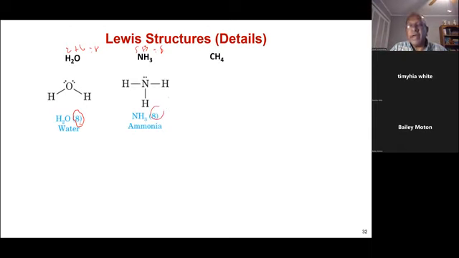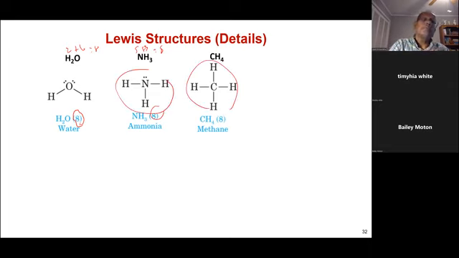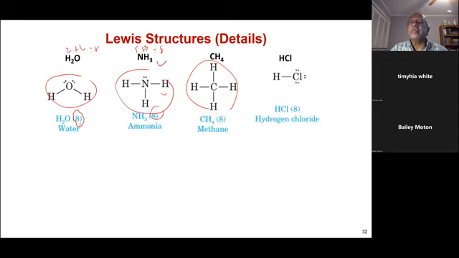Carbon has 4, and each hydrogen brings 1, so it is also 8. This is the methane molecule. If I ask you what is the Lewis structure of ammonia, you should pick that one in the middle. Each molecule has a different Lewis structure.